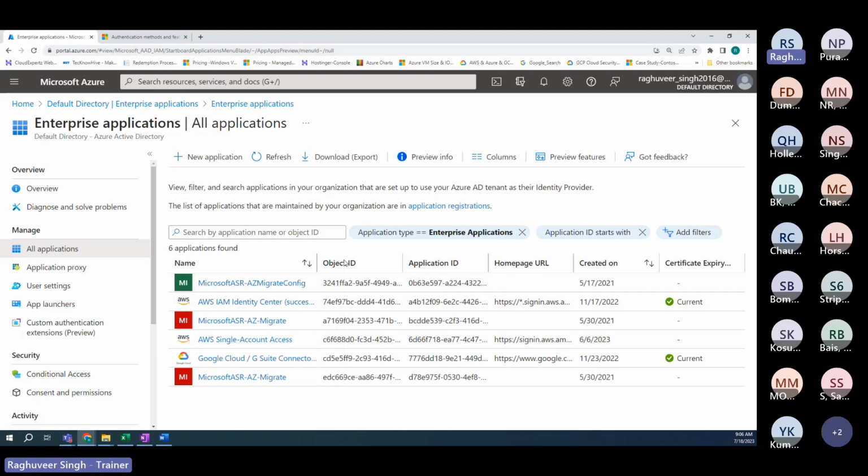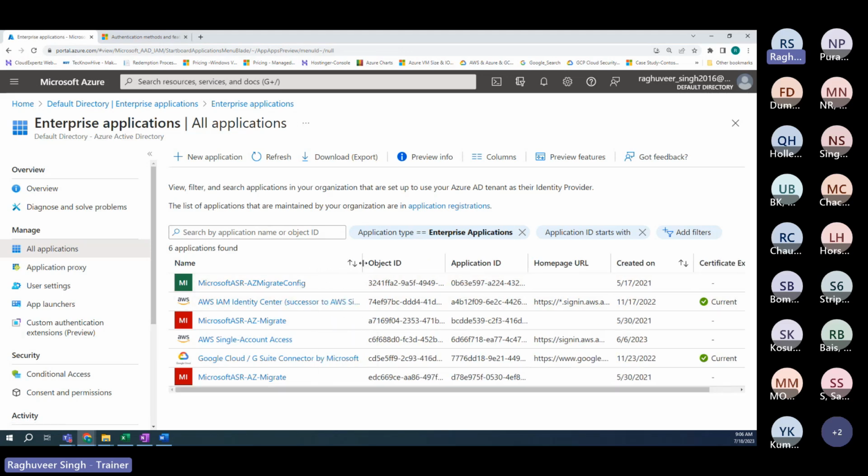Now, in this account, since I deliver training for Azure and GCP also, I'm saying AWS and GCP also, at the same level that I deliver in Azure, I have configured single sign-on with AWS and GCP, which basically means that if I am a large business, a large enterprise, which is multi-cloud, which has workloads and applications configured in Azure, AWS, and GCP, and I want my employees to have access to AWS, Azure, and GCP also.